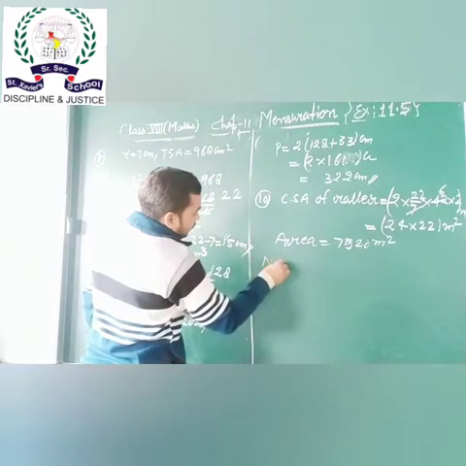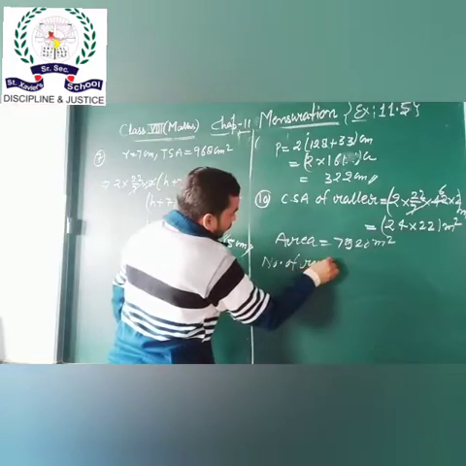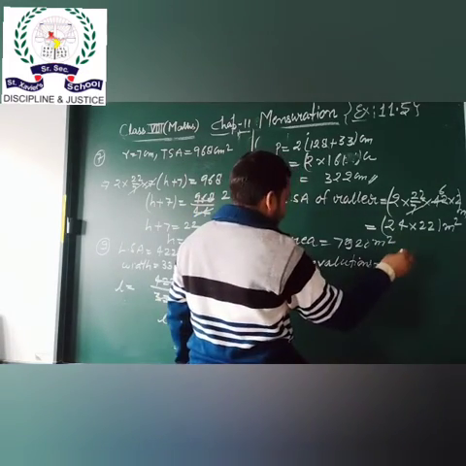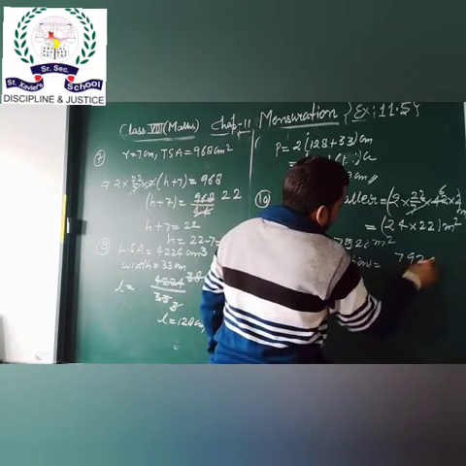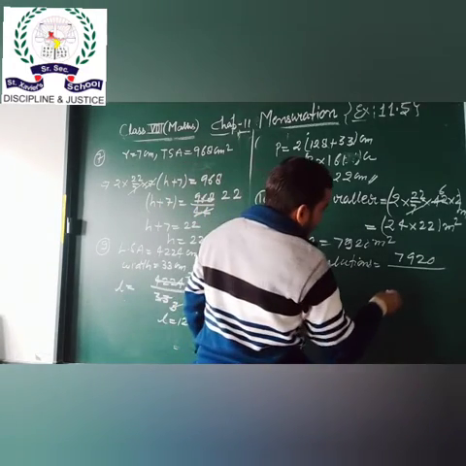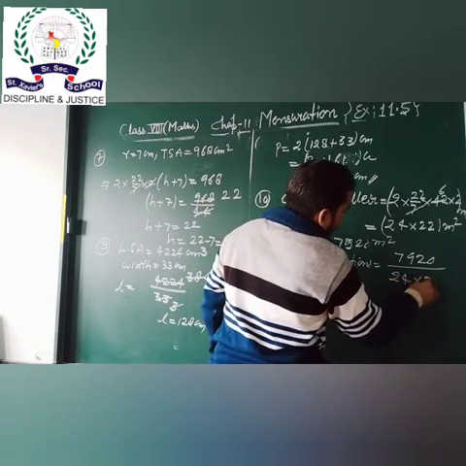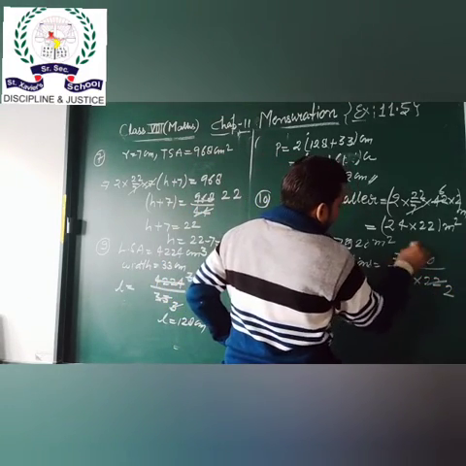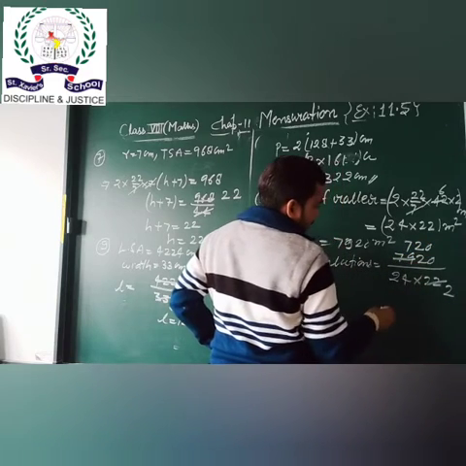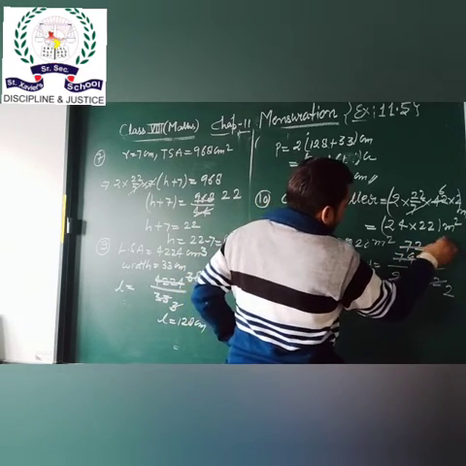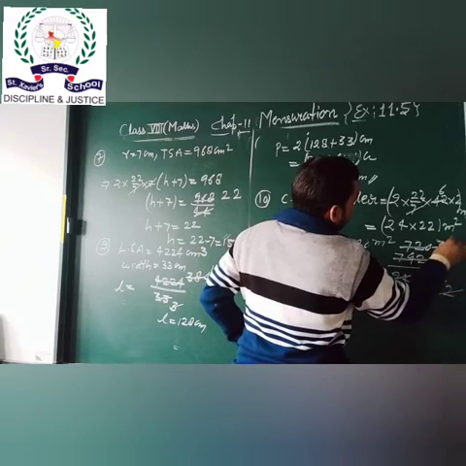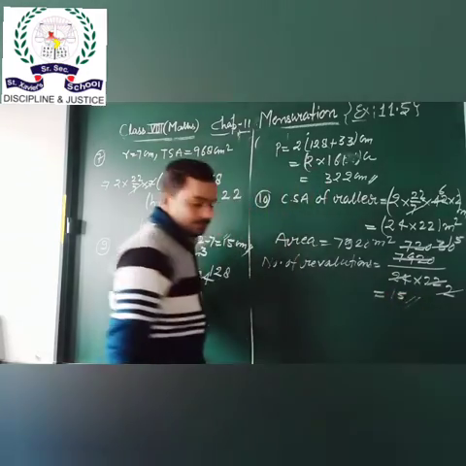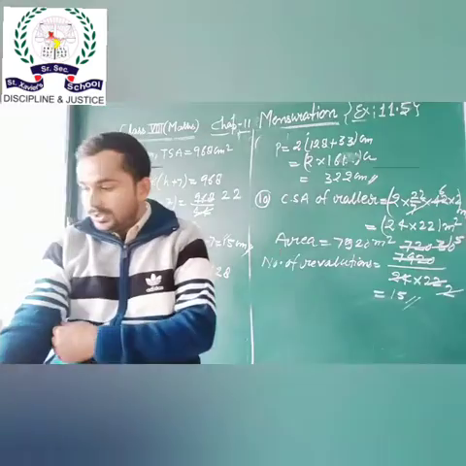So number of revolutions made by roller is equal to total area that is given divided by the CSA of roller, 24 into 22. 11 2s are 22, 11 7s are 77, 11 2s are 22. 24 3s are 72, 30 upon 2, 2 1s are 2, 2 5s are 10. So the number of revolutions equals 15. So roller takes 15 revolutions.